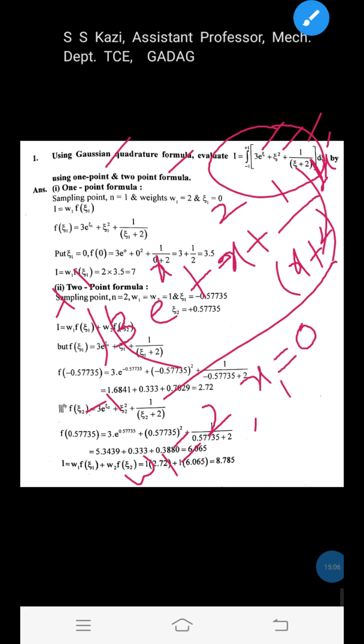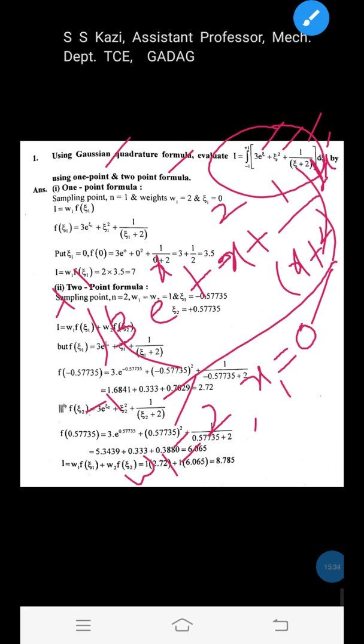You just have to replace zeta by x, because in the previous videos for the 1 point and 2 point methods, and in this video for the 3 point method, we have used zeta as the variable. Zeta is just an example, it may be x, y and so on. Here the weight is W1 is equal to 2 for the 1 point method and x1 is equal to 0.